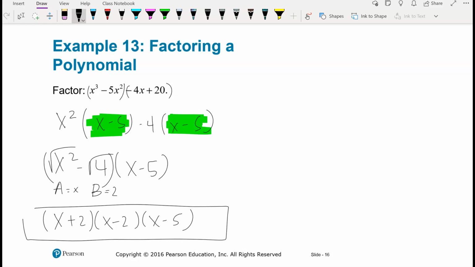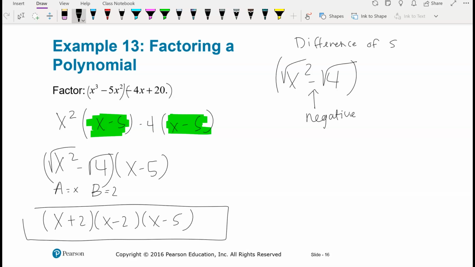All right, you should have gotten x plus 2, x minus 2, and x minus 5. Notice that x squared minus 4, you can square root both of those, and it has that negative in the middle. So that's that difference of squares.